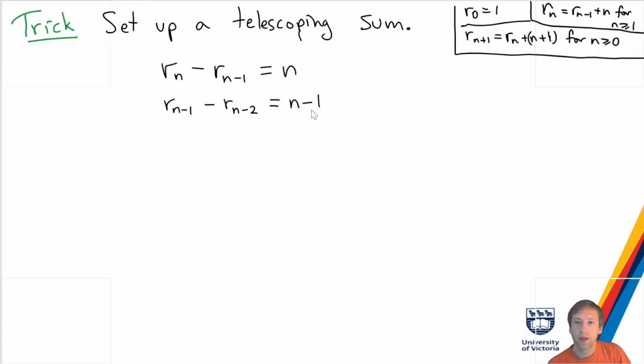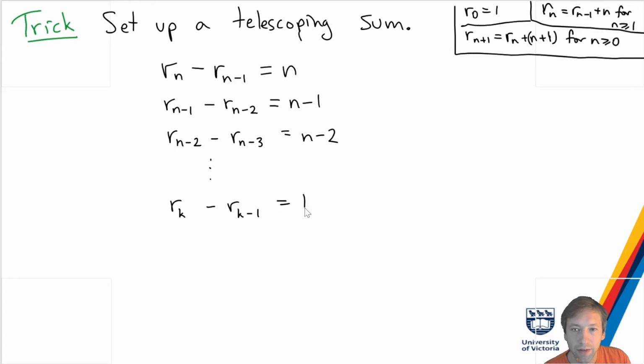Right? And then R_{n-2} minus R_{n-3} will be equal to n minus 2. Okay. And we can keep going, right? So generally, for any k, R_k minus R_{k-1} we can write as k.